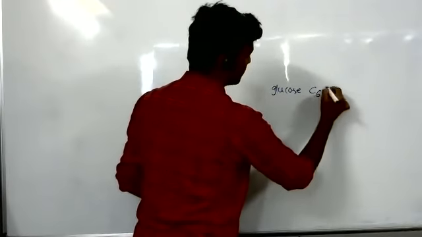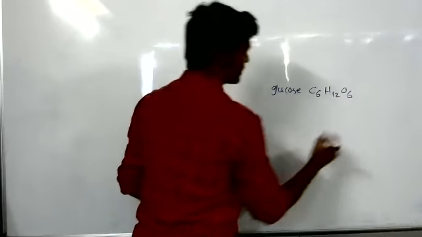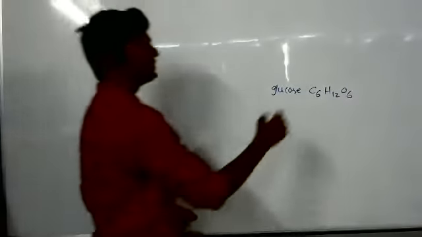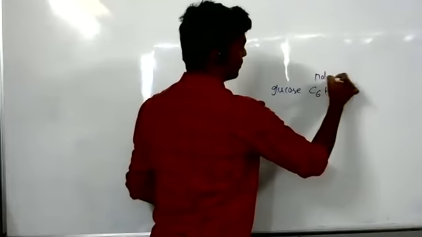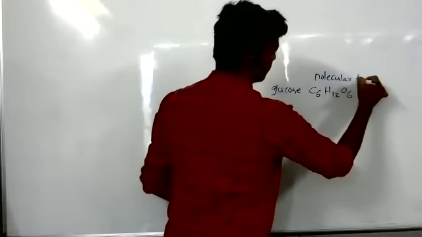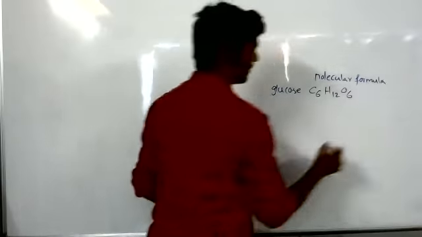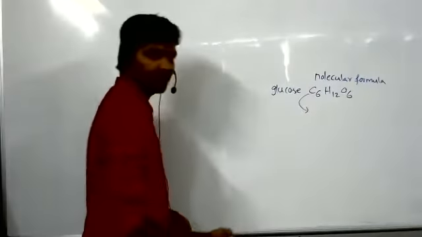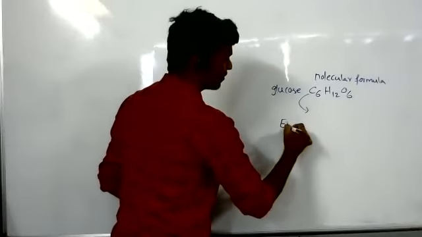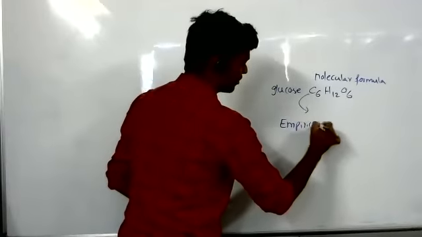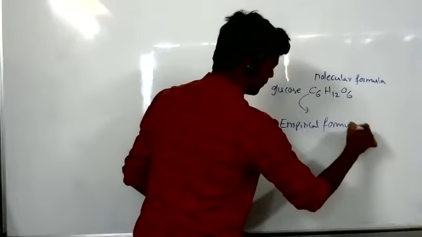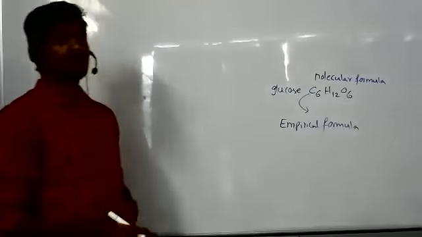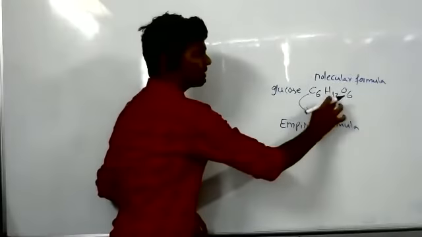C6H12O6. This is the molecular formula. Its empirical formula is CH2O, just the simplest whole number ratio. 6, 12, 6 is there.